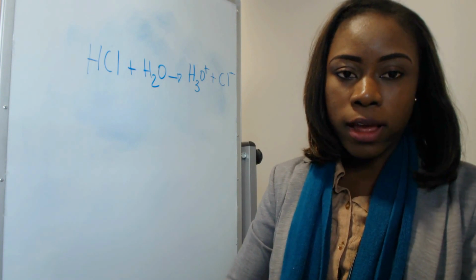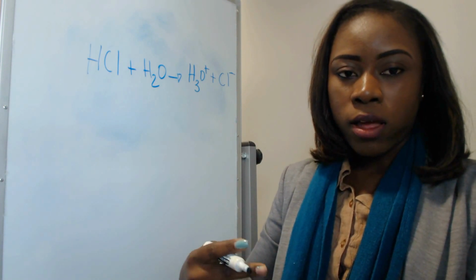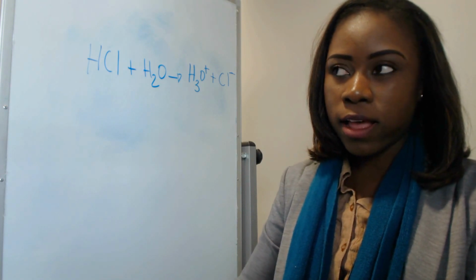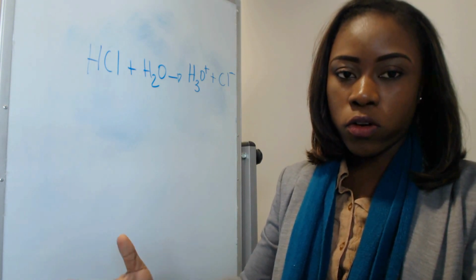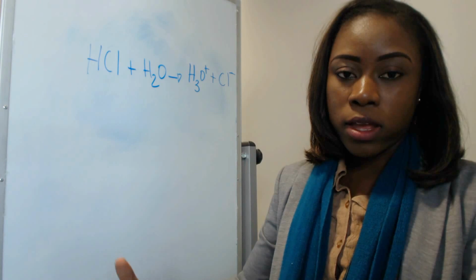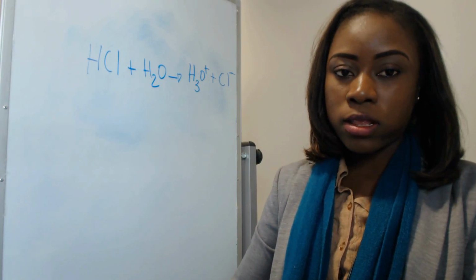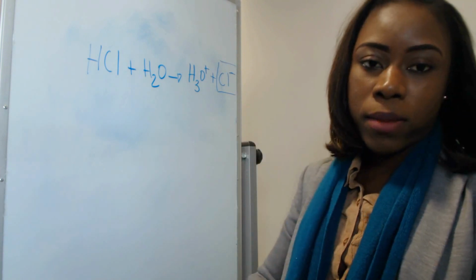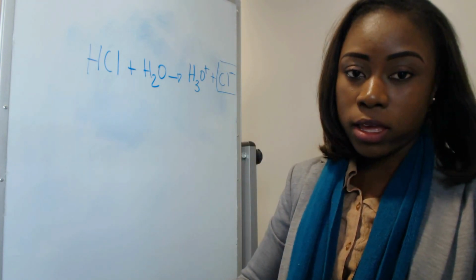And I told you that the concept of conjugate base is that when an acid donates a proton, whatever remains is actually the conjugate base. So in this case, Cl- will be our conjugate base.